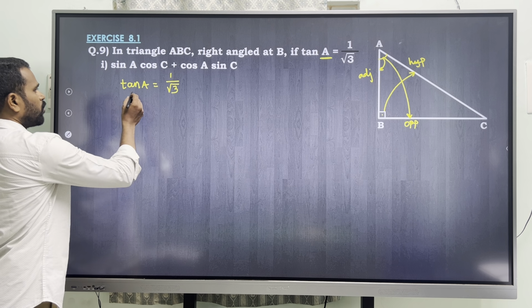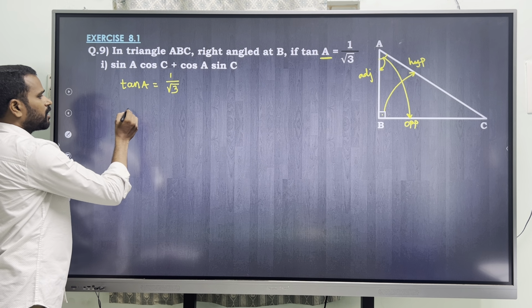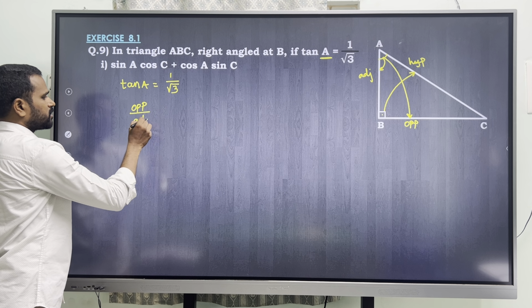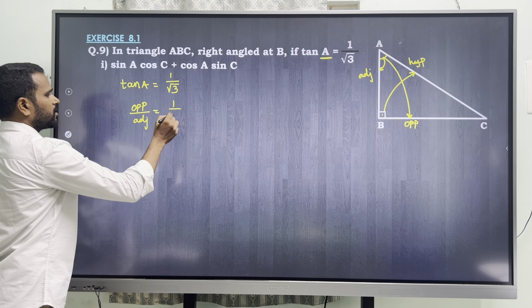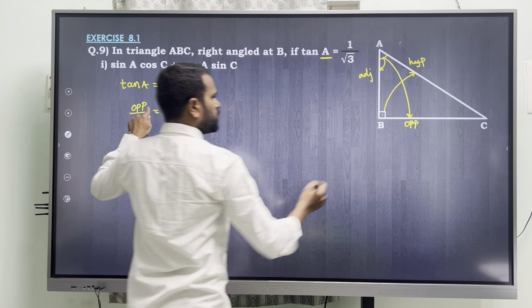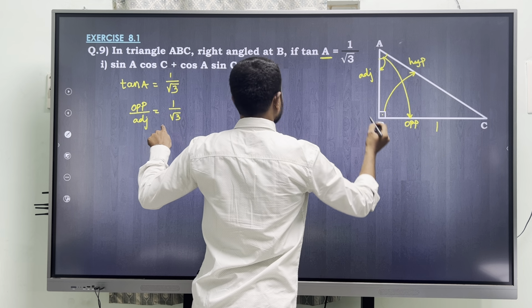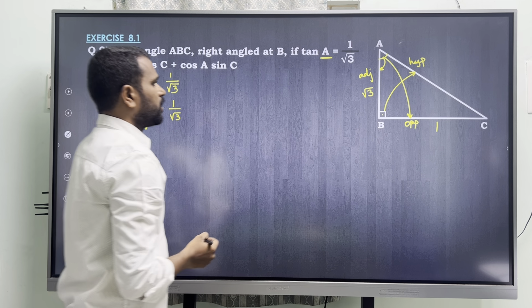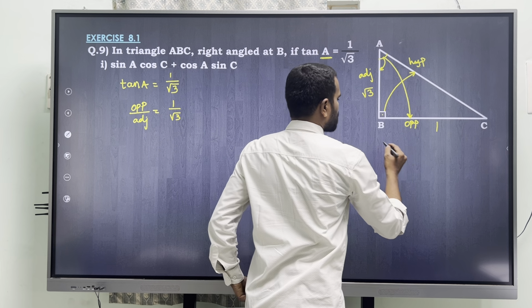So what is the definition of tan? Opposite upon adjacent. It is 1 by root 3, so opposite is 1 and adjacent is root 3. Now we will find the hypotenuse.